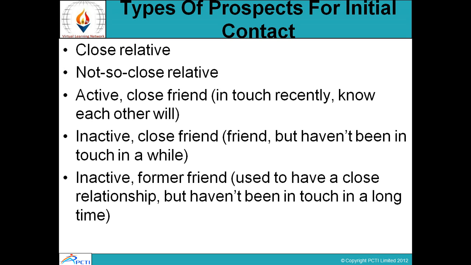Another kind of prospects that can be generated for network marketing is inactive former friends. Inactive former friends means people with whom you used to have a close relationship but have not been in touch for a long time. आपकी अच्छी उनके साथ relationship है, you are very close to each other, but right now they have shifted to Canada or some other geographically distant area.